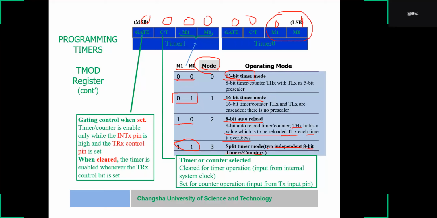So timer 0 is set to 16-bit timer, mode 1. The M1 and M0 for timer 1 is 00, so we know that timer 1 is set to mode 0, 13-bit timer. Mode 1 of timer 0 is selected.